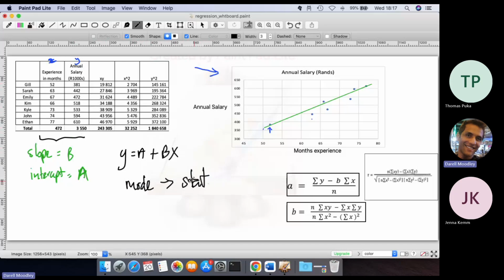And then you will see one of the options, which should be option number 2, which is A plus bx. That's the option I want you to select. So just do that for me.